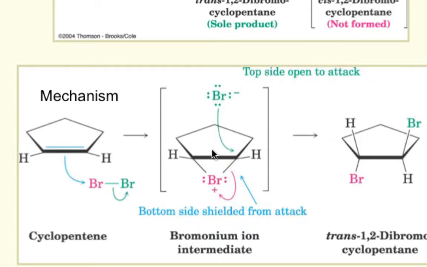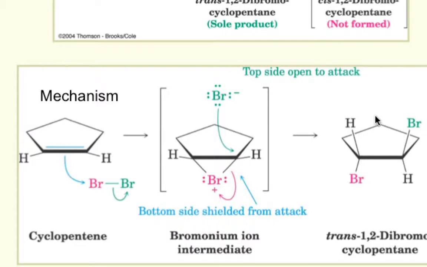The second bromine just has no room, so the second bromine has to come from the opposite side, a top side attack. What happens is as soon as this bromine comes in from the top, it's going to be too many bonds to this carbon, so this bromonium will let go of its attachment here and it'll swing back to this side, causing the Brs to be trans to each other.